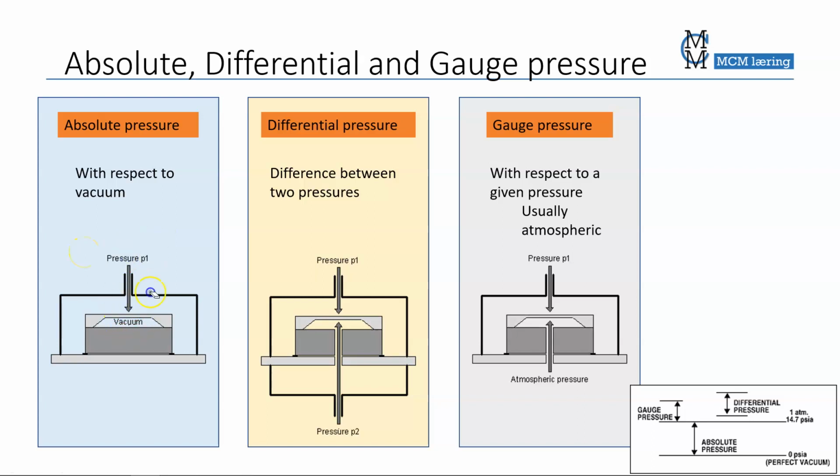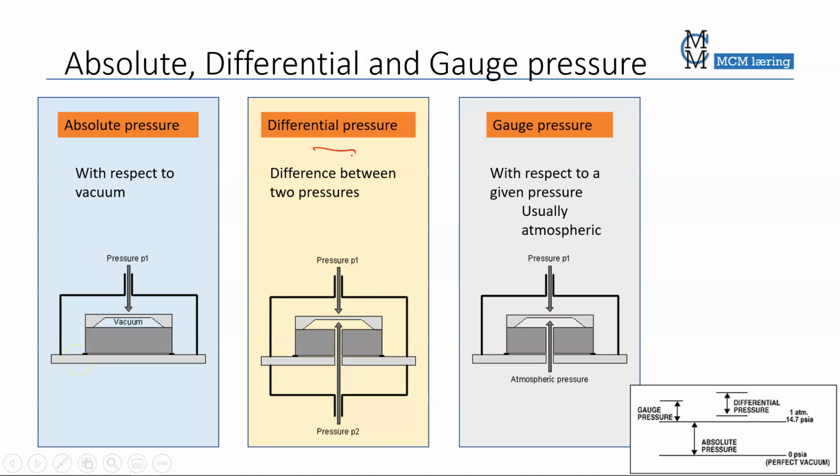So this is a setup where I have an airtight space here with vacuum, and I expose that to a pressure, and the pressure will bend the lid here downwards, and the amount of bending depends on the pressure that we have.